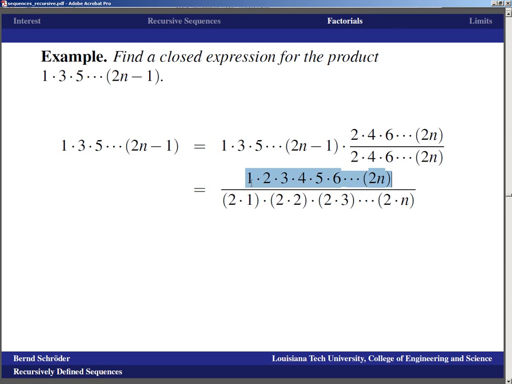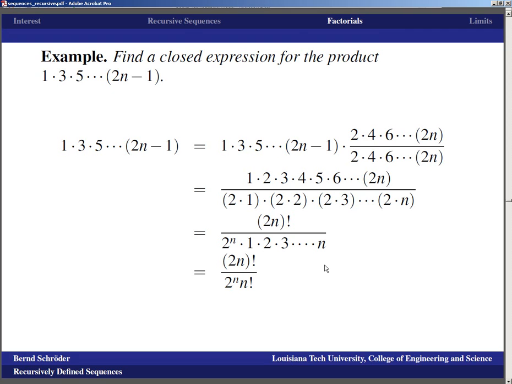Well, we see that the numerator is 2n factorial, and in the denominator we have 2 to the n that we can factor out. And then we are left with 1 times 2 times 3 times all the way to n, which is n factorial. And so the closed expression for this product is 2n quantity factorial divided by 2 to the n times n factorial.